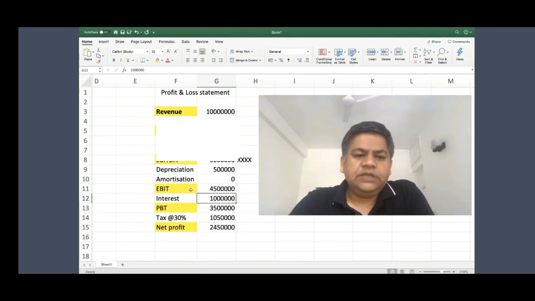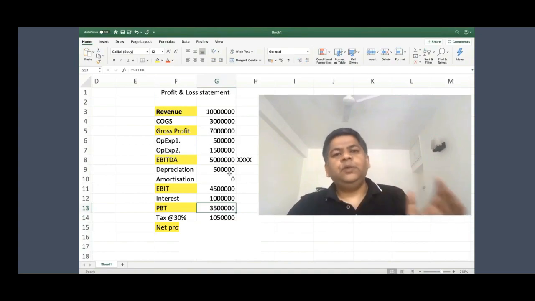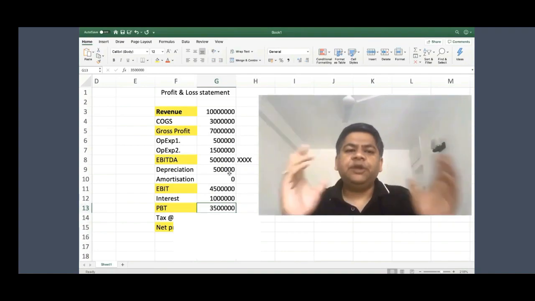Once you have subtracted the interest, what comes is profit before tax. Till this time you have not paid tax. Taxes will only be paid when you have shown your depreciation, amortization, interest, and everything which were the expenses incurred while making the revenue.